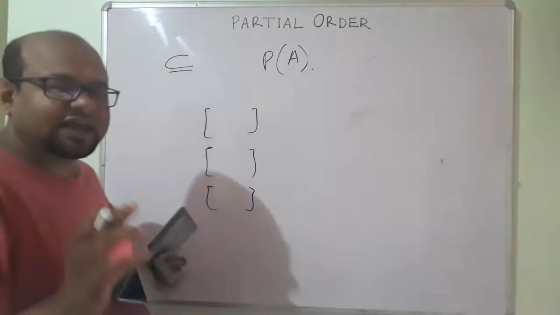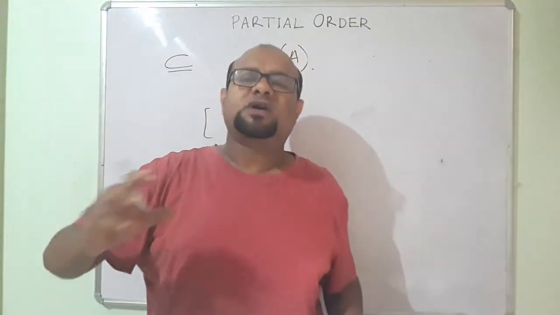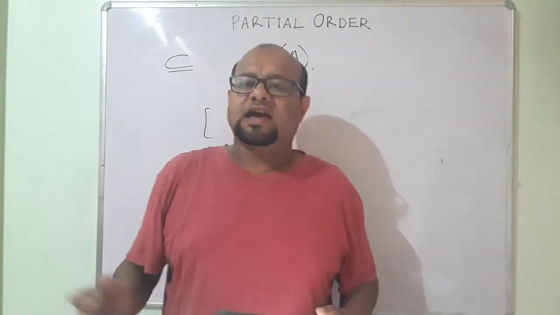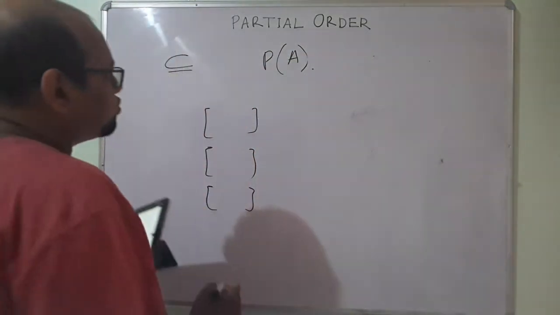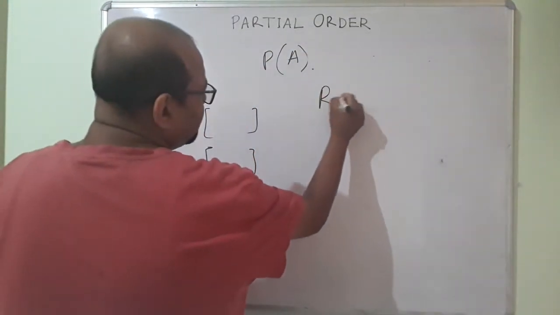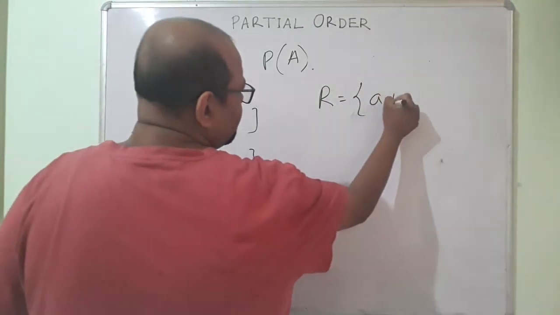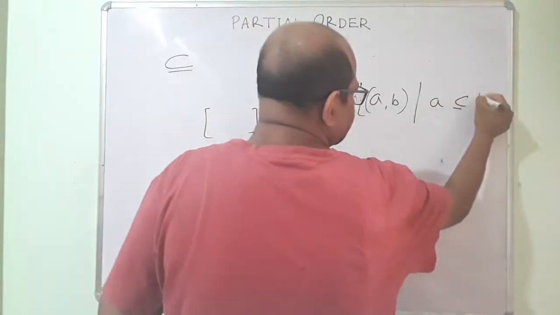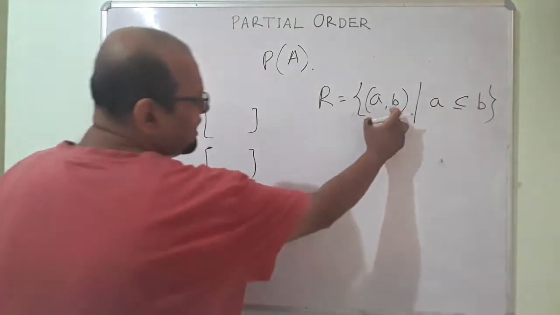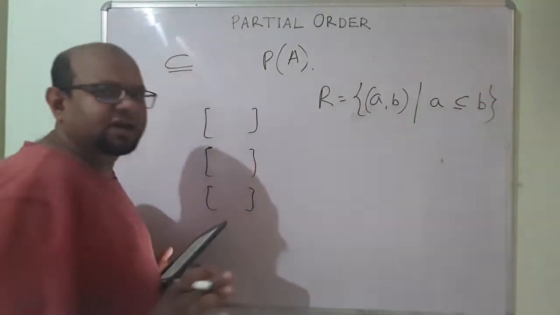I have some set A. Now I have the power set of A, and then I have this operation subset. So what does my relation contain? (A, B) such that A is a subset of B. So if A is a subset of B, then (A, B) will be in my relation.